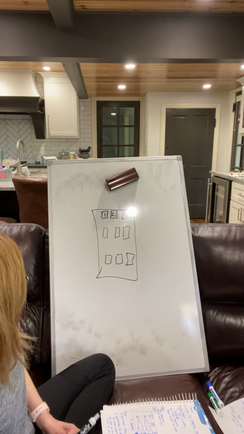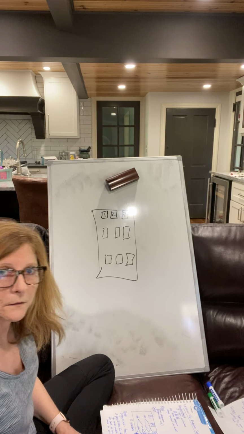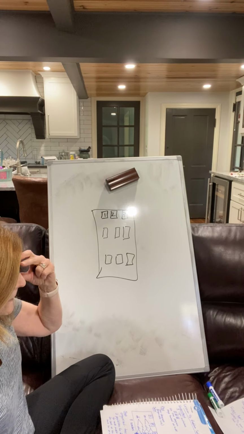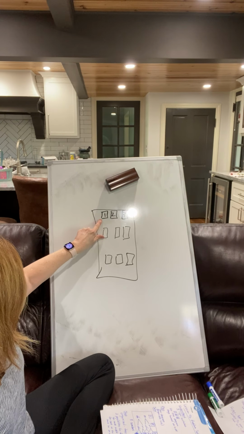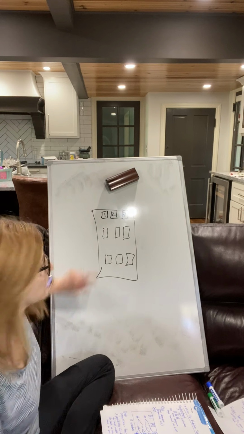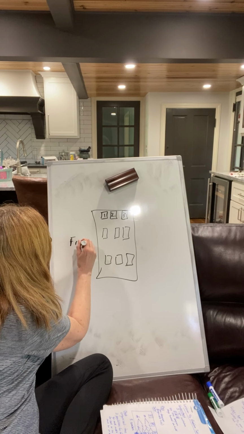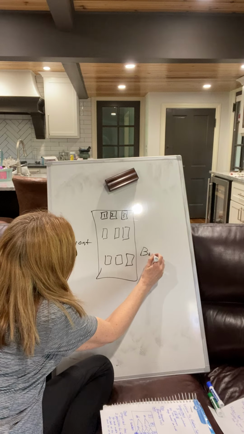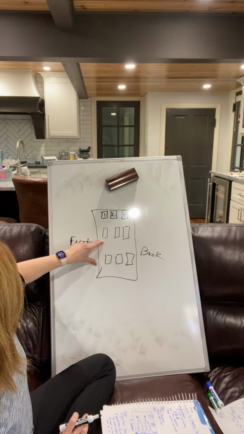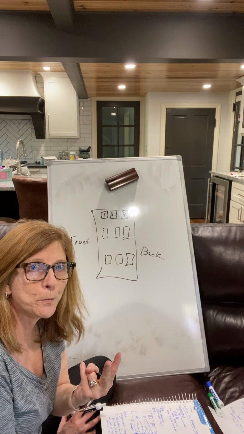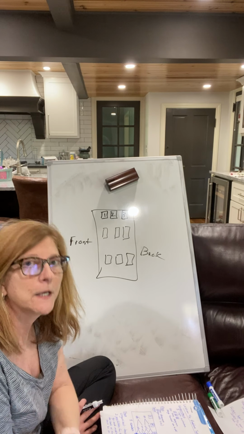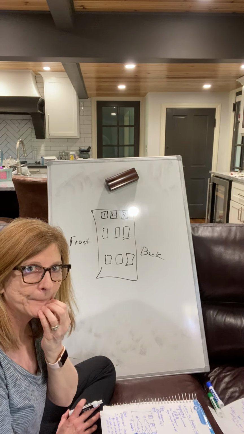So, let's start. So we're going to start with the front row. Okay? So this will be the front. And this will be the back. All right? So, if we have a light switch, what are the 2 possibilities that we can have to begin our tree diagram?